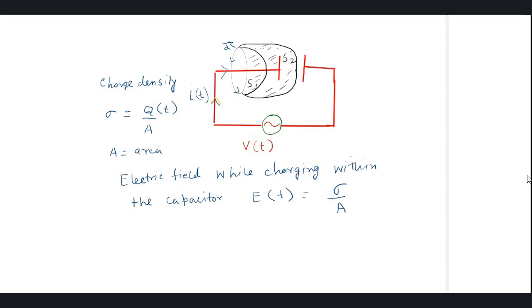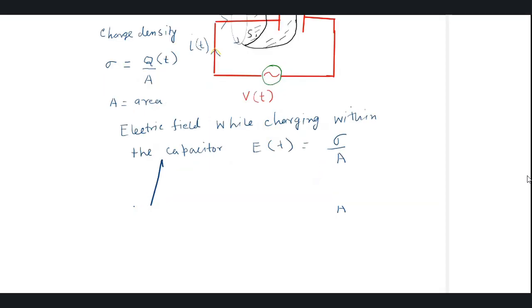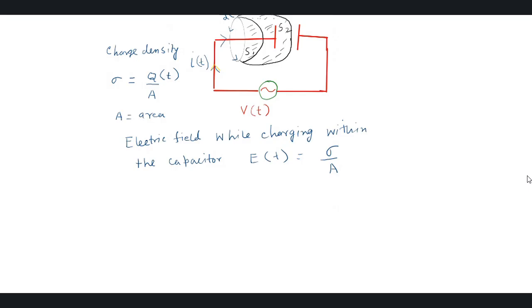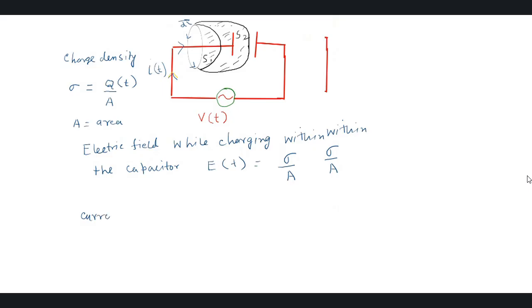Now if we want to find out the amount of current that is actually flowing, yes, the current I, we know it is the rate of flow of charge, so it is actually dq/dt.